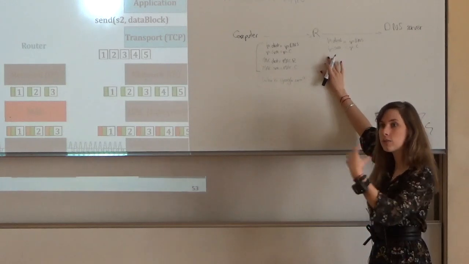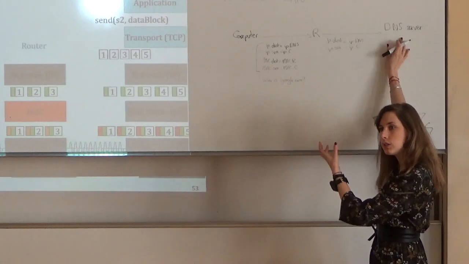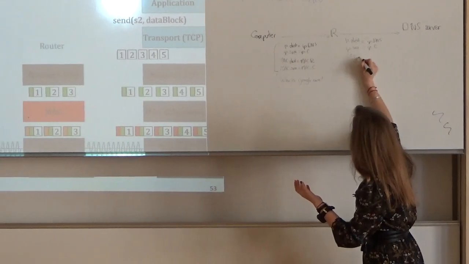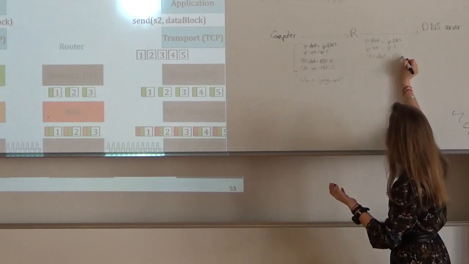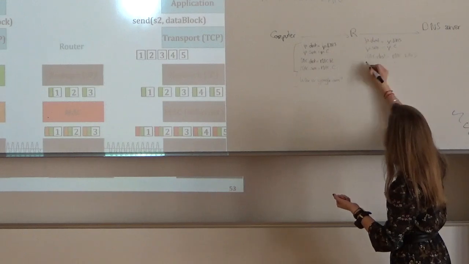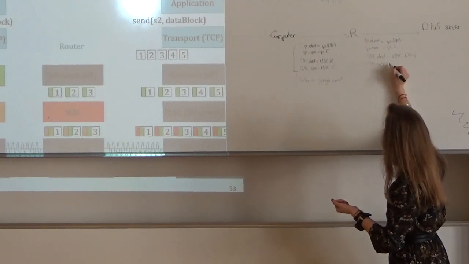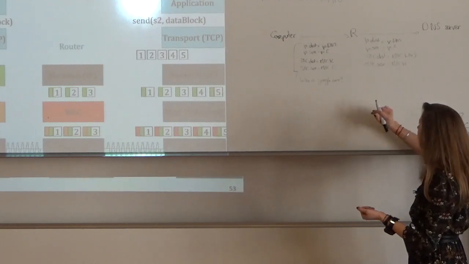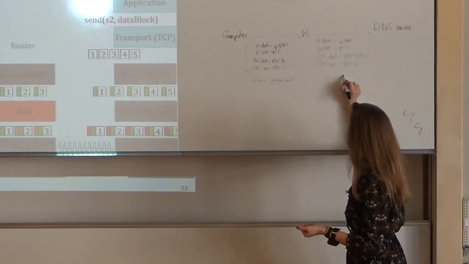But now, the next hop, assuming that we don't need to go through other routers to reach the DNS server, will be the one of the DNS, and the MAC source will become the MAC of the router. Okay? And it contains the same message, who is Google.